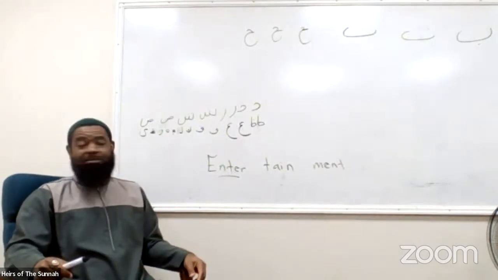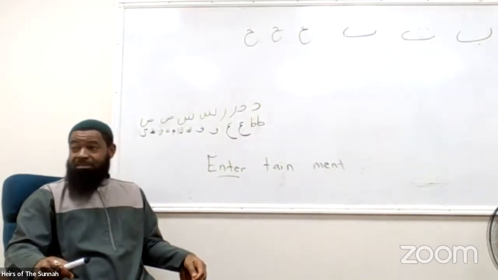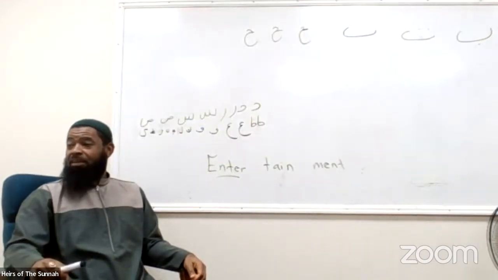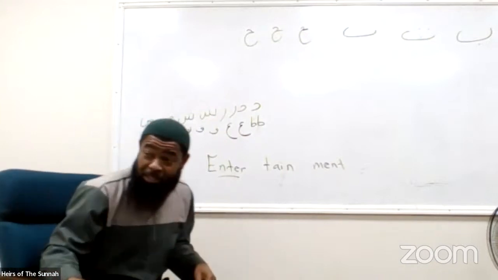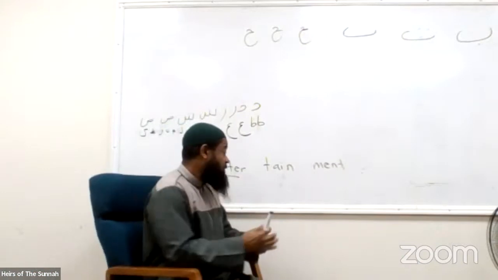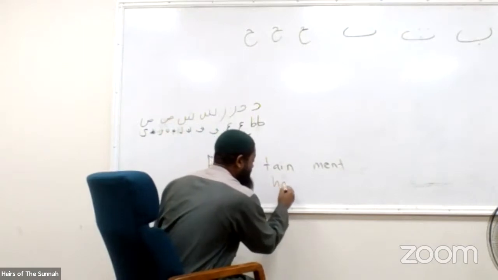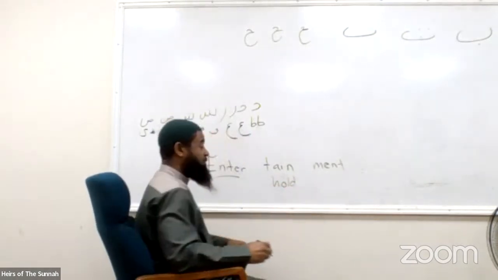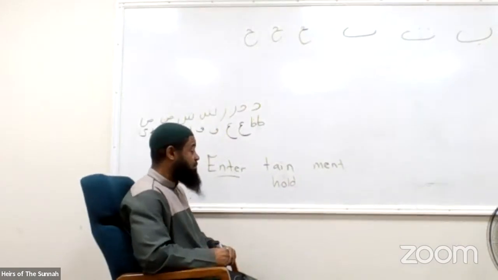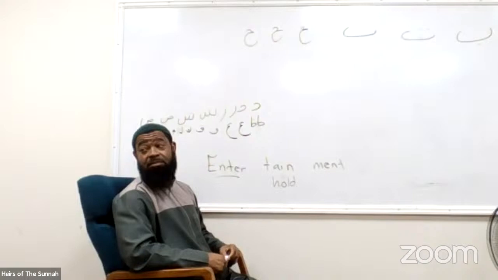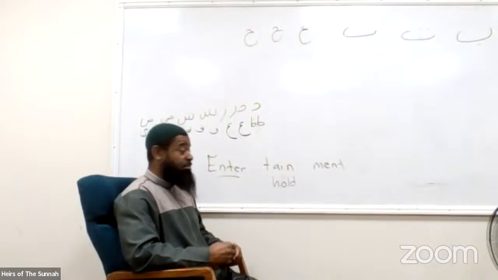When I look at the word tame, it comes from the Latin root letter that has the meaning to hold. Hold. And then the suffix meant is used for forming nouns and expressing the means or results of an action.